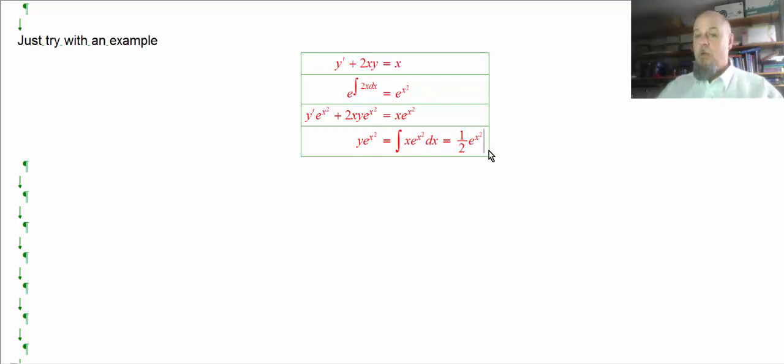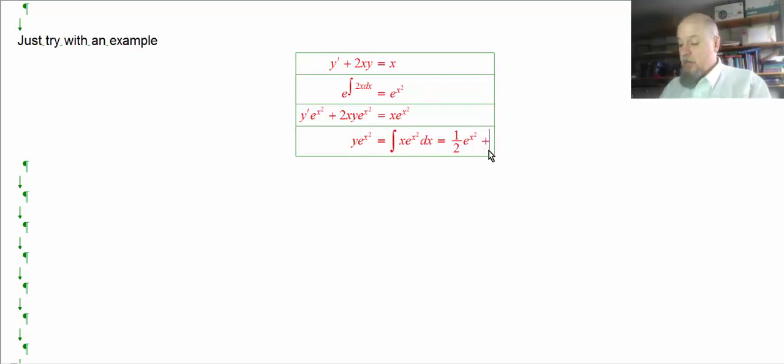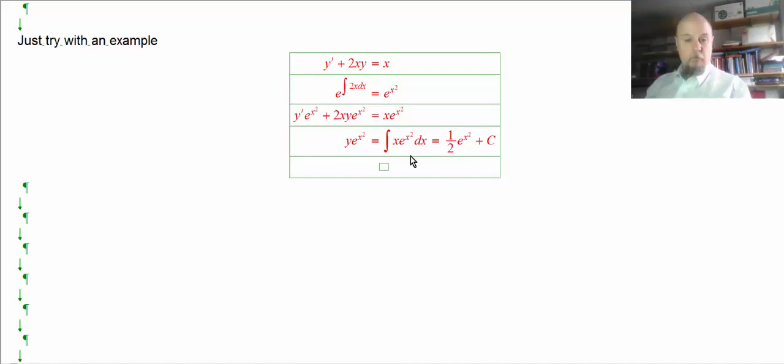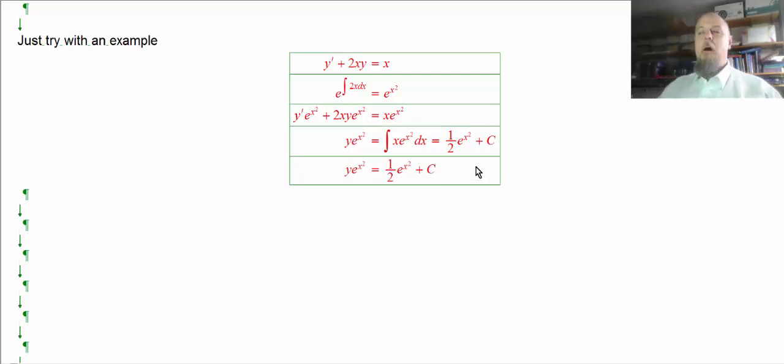Now, at this stage, when I integrate both sides, that's the stage I put the plus c on. So now I've got there's my implicit solution.